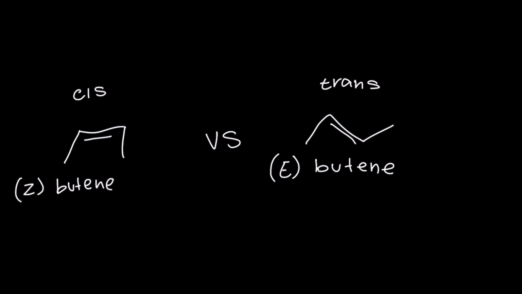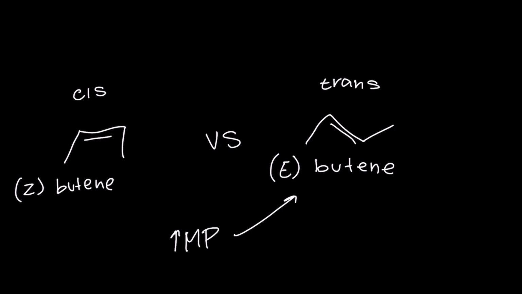So when we compare these two, a cis and a trans molecule of the same alkene, the trans one is going to have a greater melting point. And that's because the trans configuration is much more stable. So it's going to require more heat to melt it.